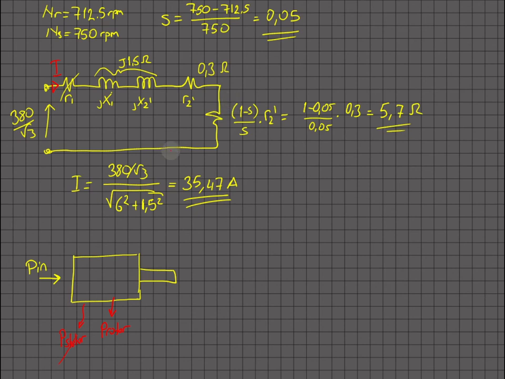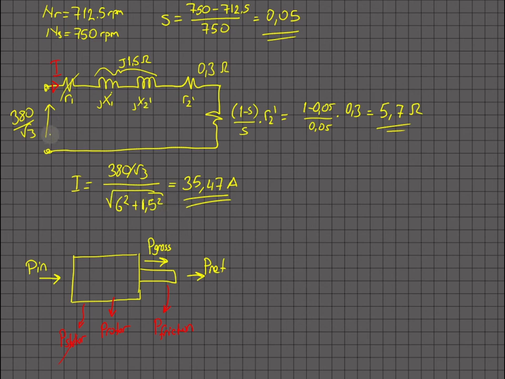But after that, once you subtract these two values, you have the P gross. Then after P gross, you have the friction power, and then you have the useful net power. Another important thing is that this is a per phase equivalent circuit, so don't forget to multiply it by 3.